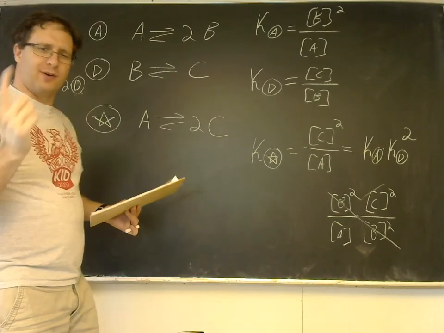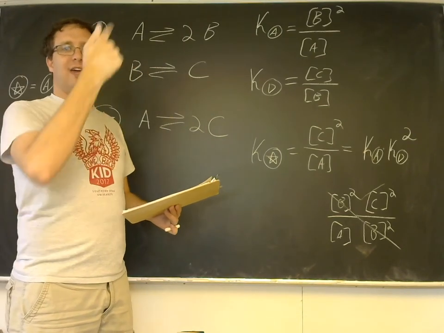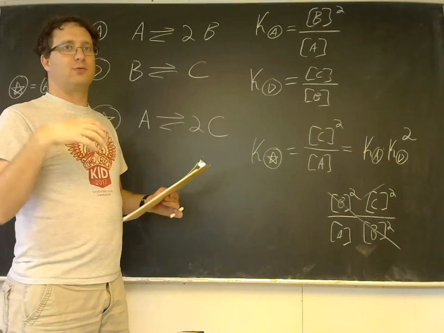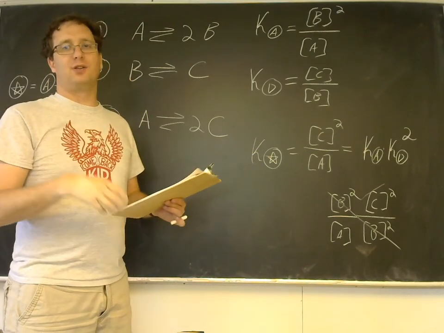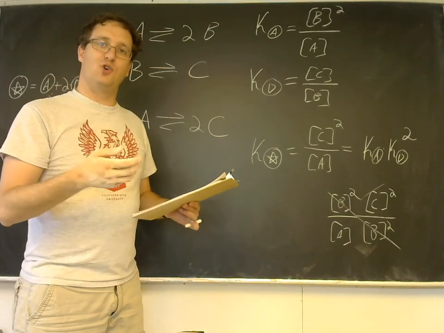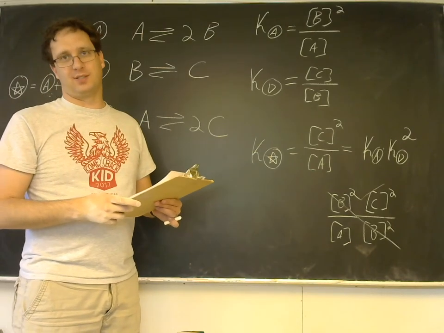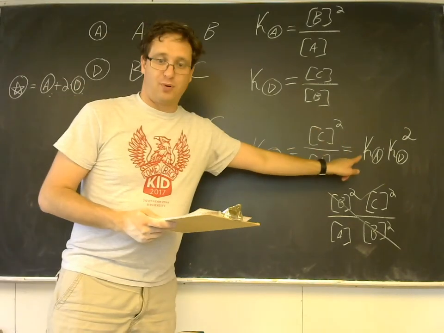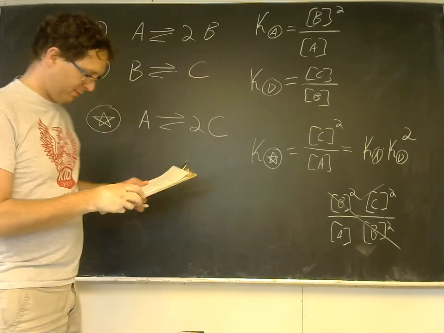So if you reverse a reaction, then you invert the equilibrium constant. If you double or triple a reaction, then you square or cube the equilibrium constant. If you add 2 reactions together, then you'll take the product of their equilibrium constants.